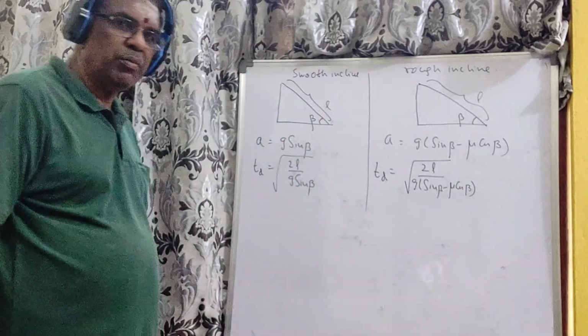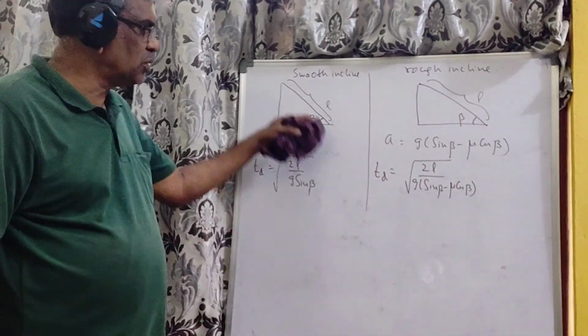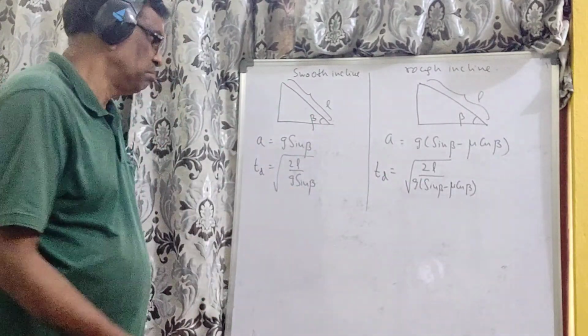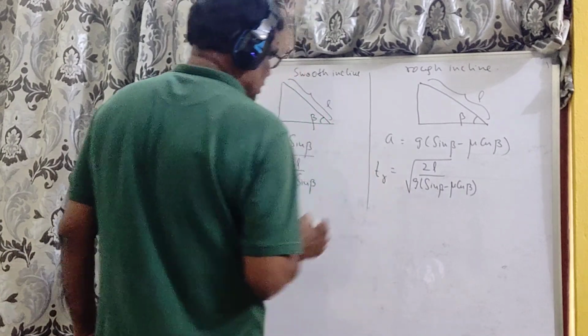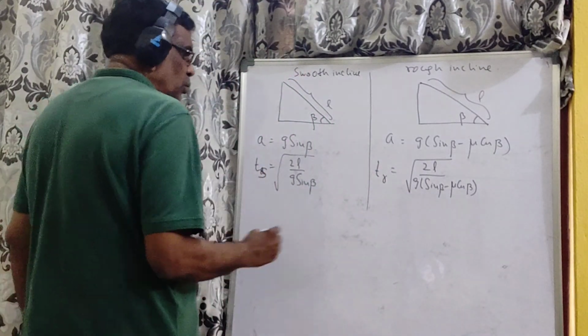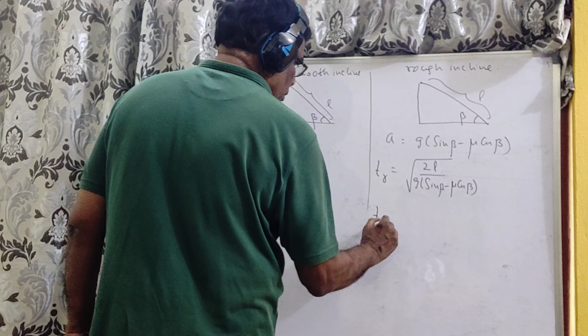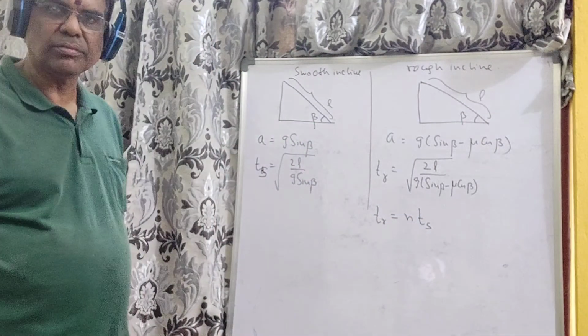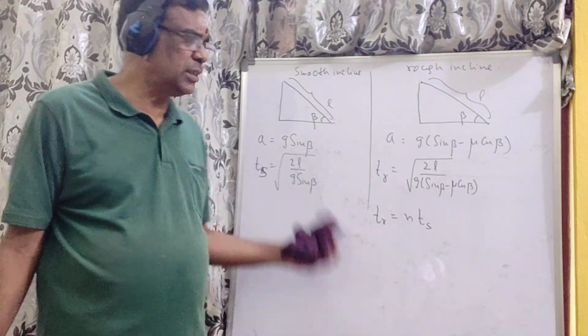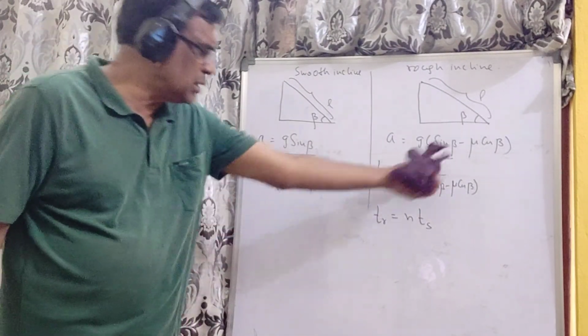so they may give problems like this. This comes very quick, it takes time. Maybe the time of descent in this case is rough, this is smooth. They'll say if TR is equal to n TS, supposing it takes for a given problem, then you may ask what is mu.